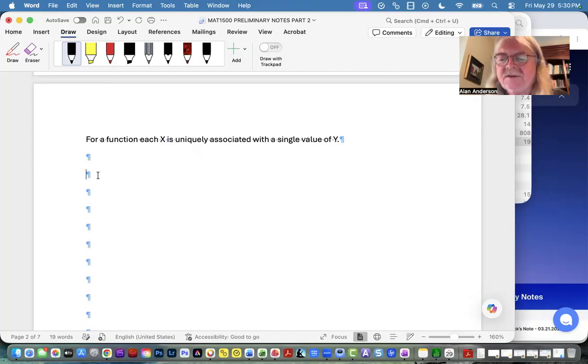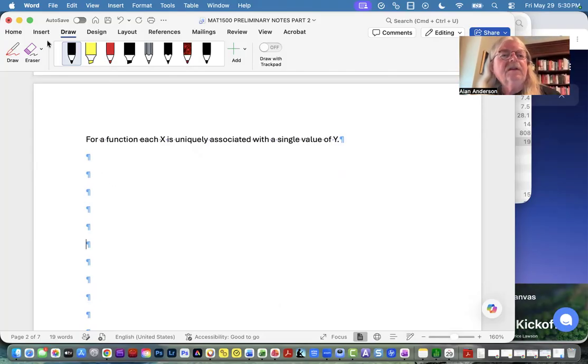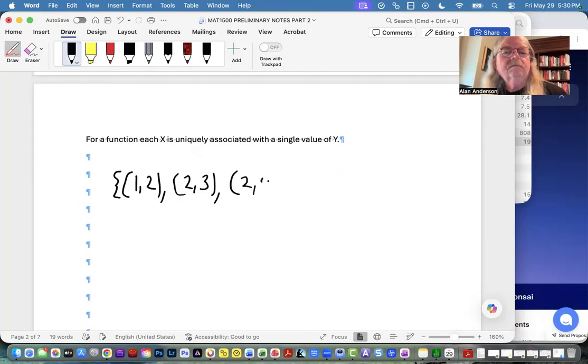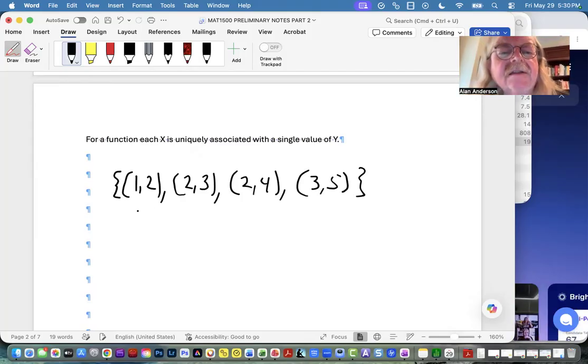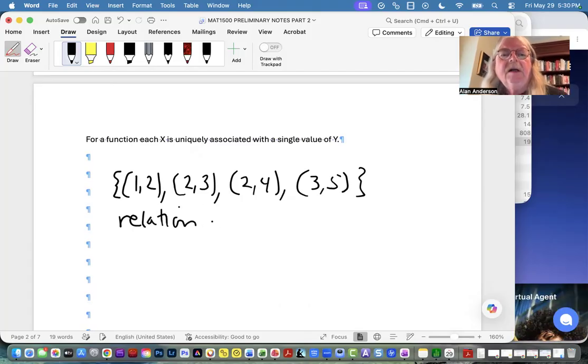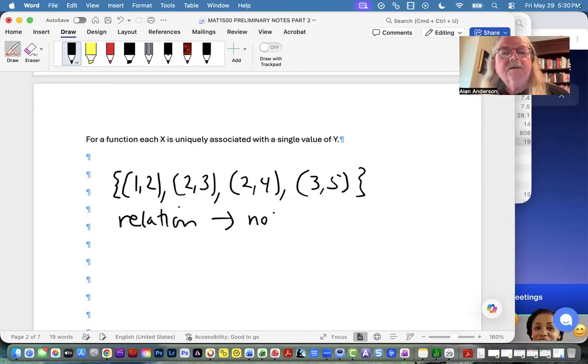So if you remember from way, way back in pre-calculus, if we have, let's say, a set of ordered pairs, something like this, well, in this case, these ordered pairs represent a relation, okay, but not a function.